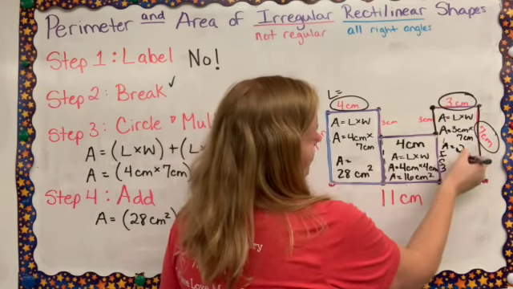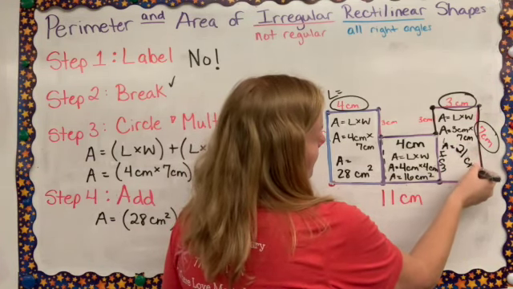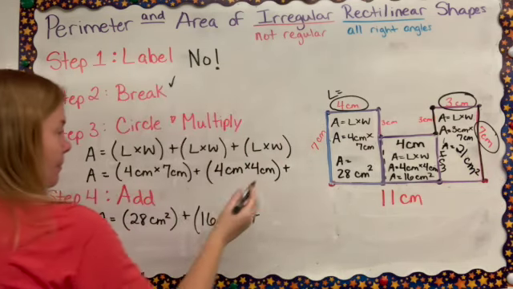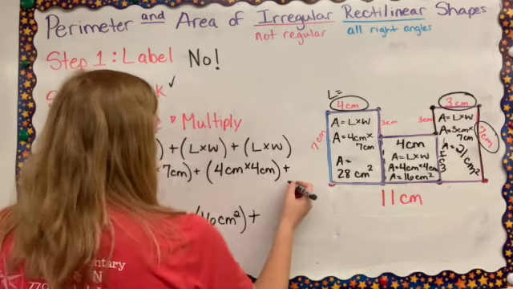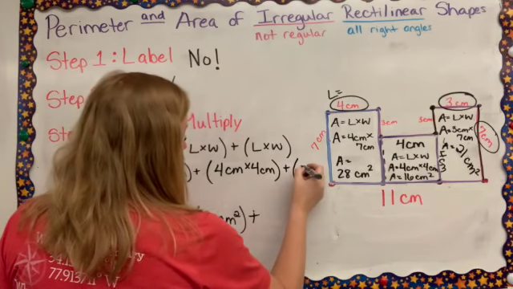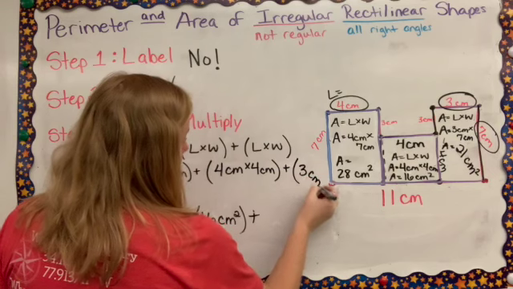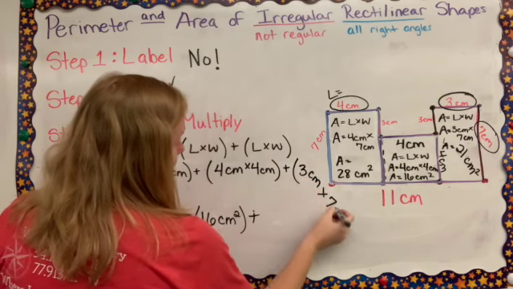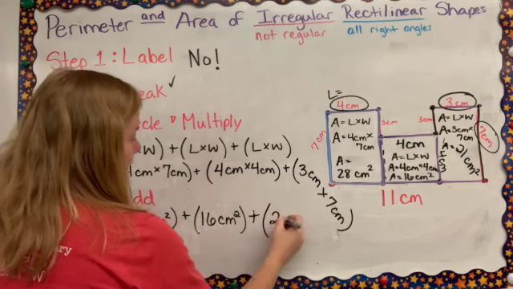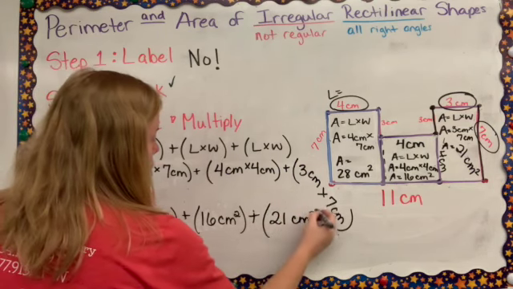Good job, 21. And don't forget to write centimeters square. Let's go over here, plug it in. We are running out of room. 3 centimeters times 7 centimeters. And that gave us 21 centimeters square.